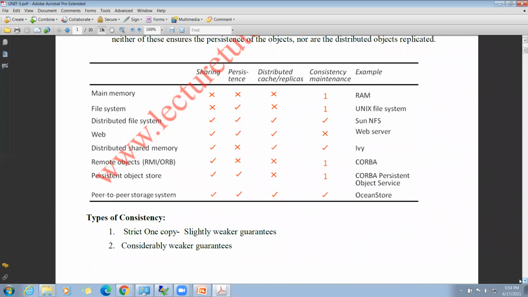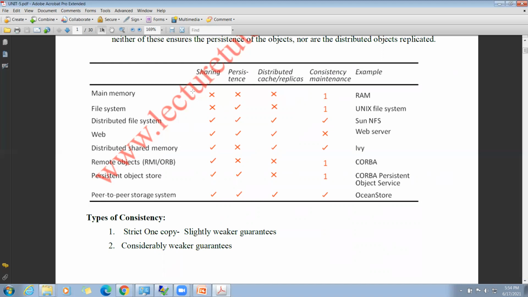See, these are the different types of systems we are having. First one is the main memory. Second one is the file system, distributed file system.